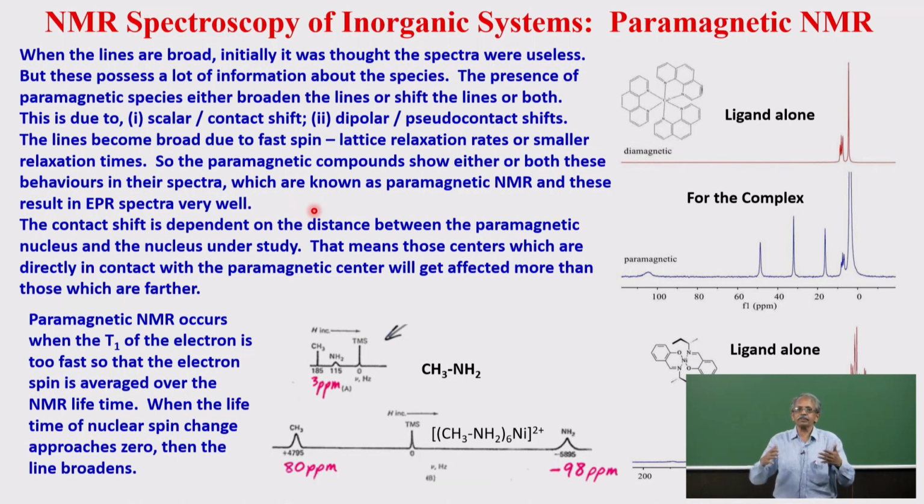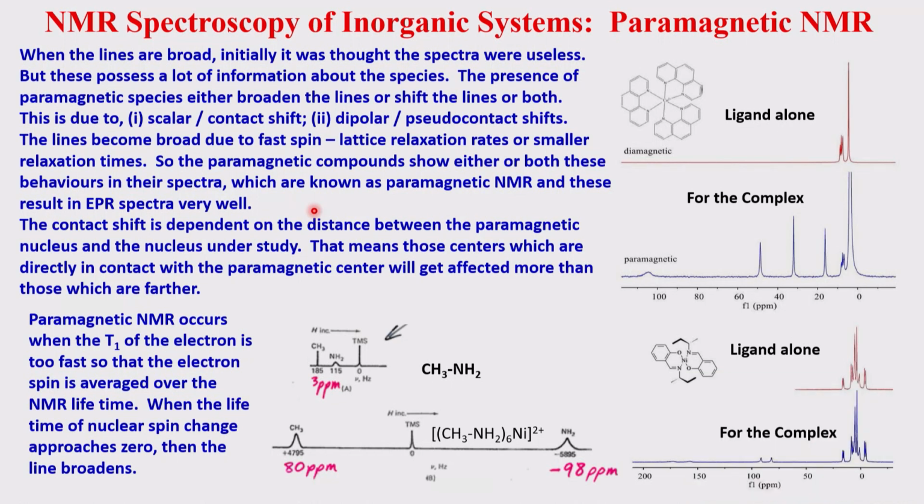The broadening happens because the rate of relaxation of this paramagnetic electron under the magnetic field is very fast, and that will couple with the nuclear spin, which is very slow, and therefore it becomes a very broadened line. Okay, and that is how you get the broadening.